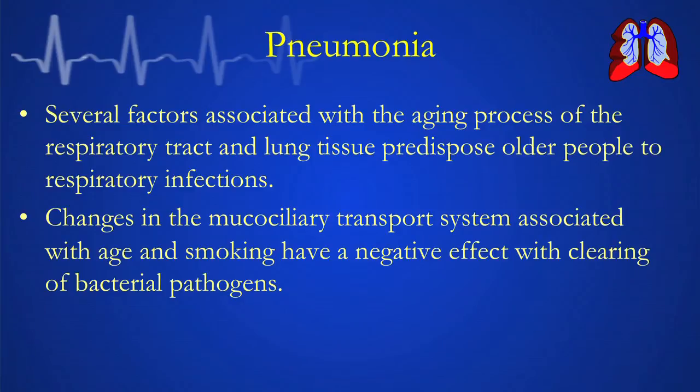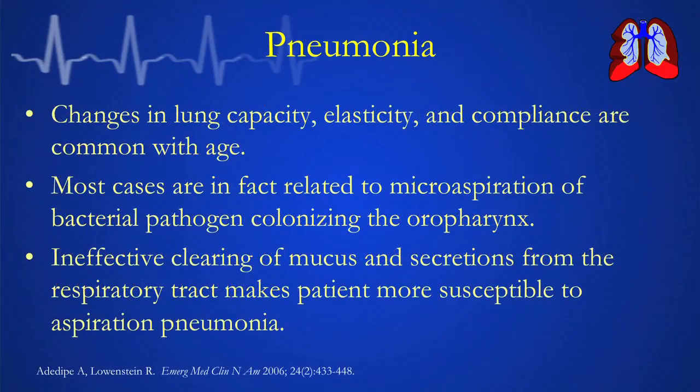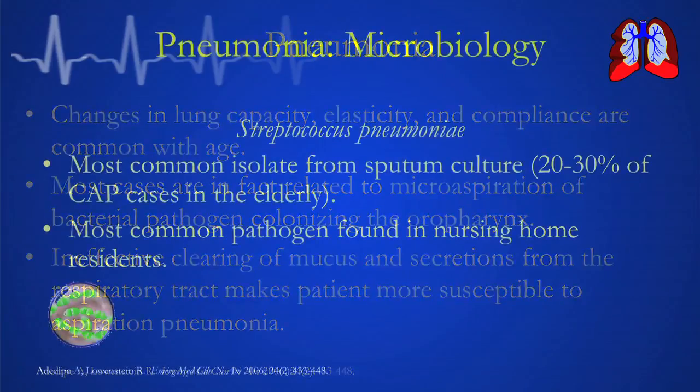They didn't know that cigarettes were bad when they were doing all the damage. Part of the aging process is you get changes in lung capacity, elasticity, and compliance. Most cases are in fact related to microaspiration of bacterial pathogens colonizing the oropharynx. Ineffective clearing of the mucus and secretions from the respiratory tract makes patients more susceptible to aspiration pneumonia.